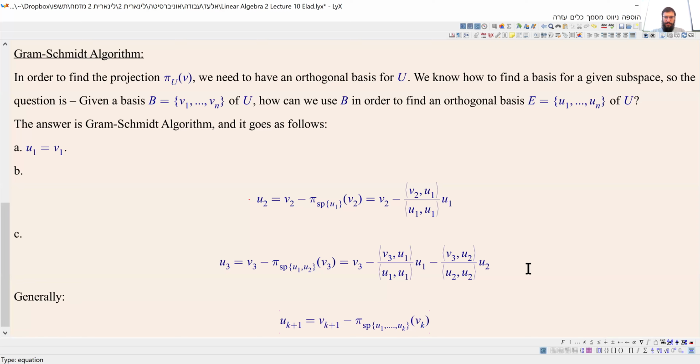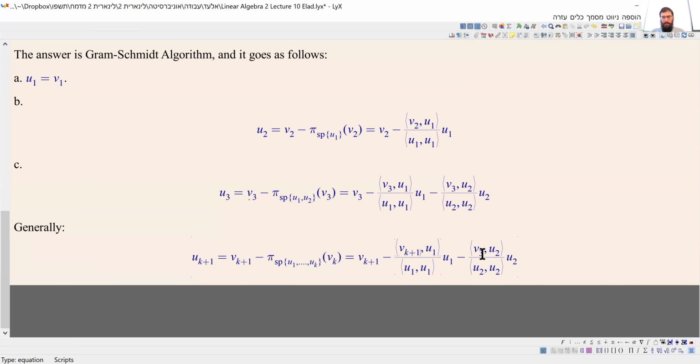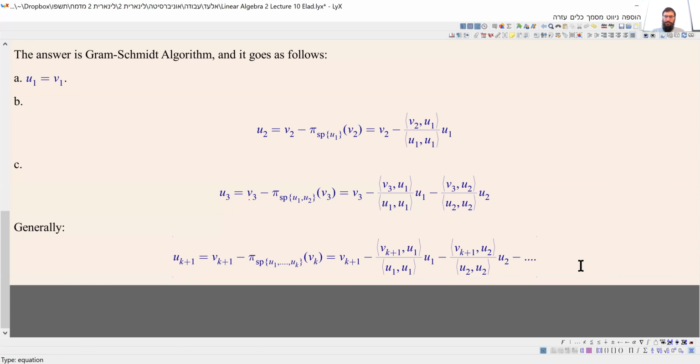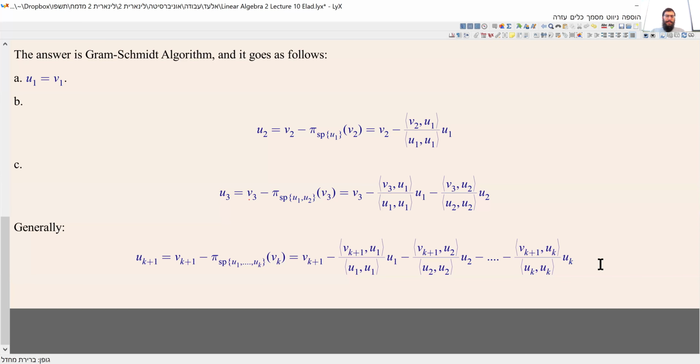Explicitly, it gives you V_{k+1} minus the inner product of V_{k+1} with U1, V_{k+1} with U2, and so on, up to V_{k+1} with Uk.